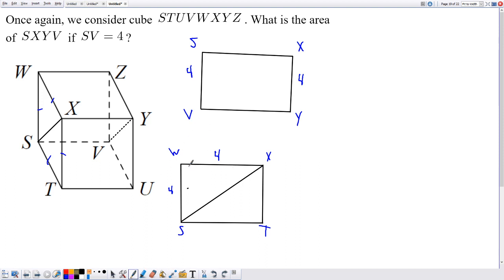Well, we note that this must be a right angle since it's a square. And these two sides are the same, so it's a 45, 45, 90 triangle, which means that the hypotenuse must simply be 4 times the square root of 2, which means SX is 4 root 2, and therefore so is VY.